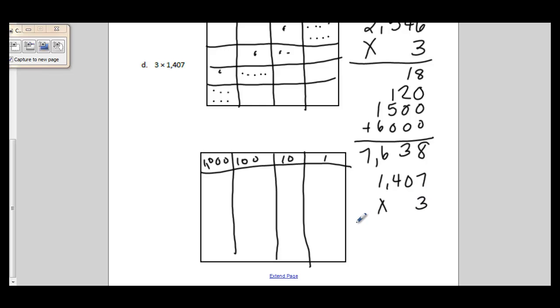Times. Start with 3 times 7 ones, which is 21. So here's my 21. No tens, so I can skip the tens, and I'm going to do 3 times 400, which is 12 hundreds. 12 hundreds is 1,200.